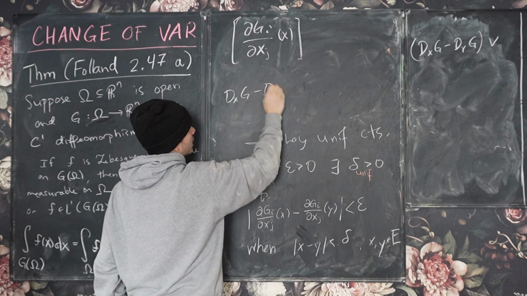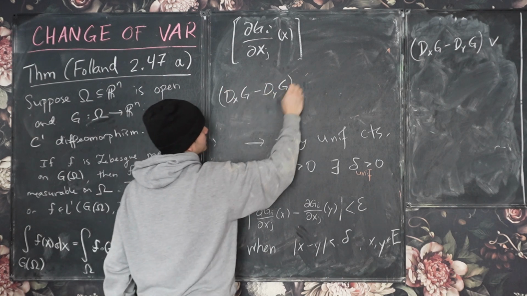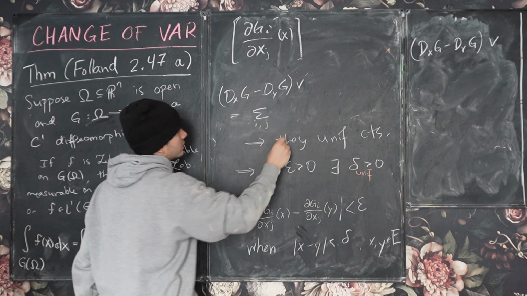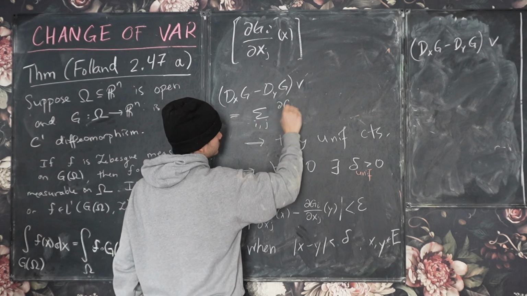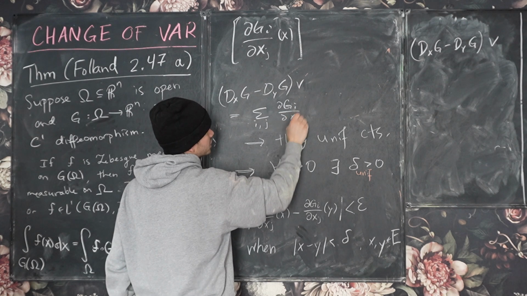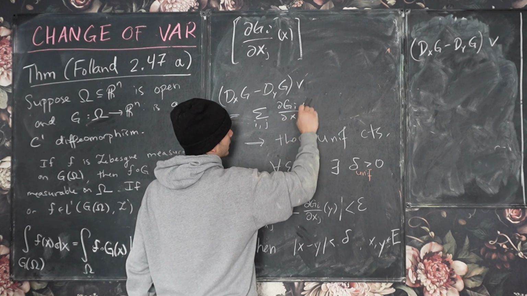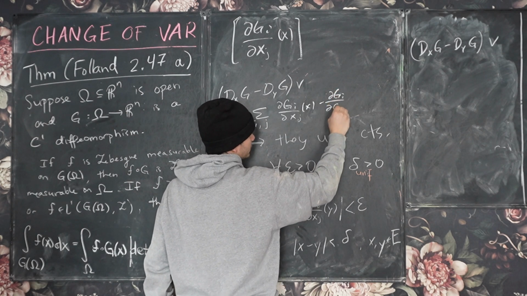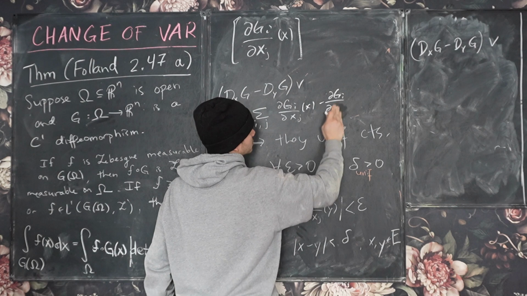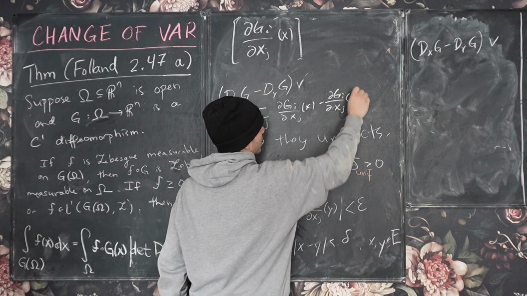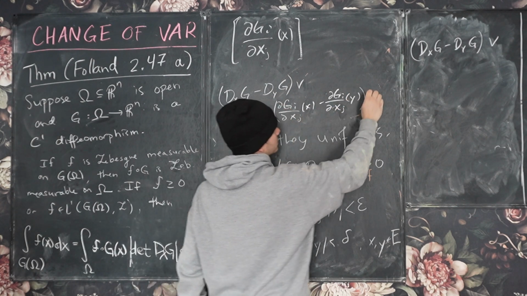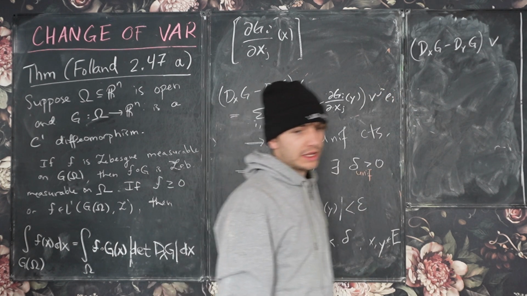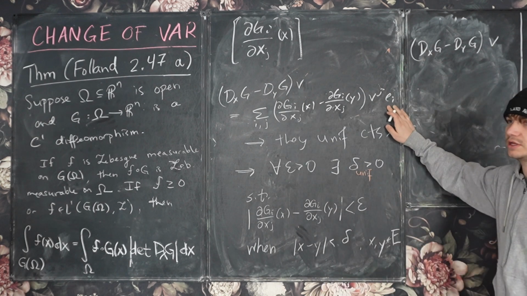Okay, so we have dxg minus dyg acting on a vector v, and this is going to be the sum over i and j of ∂Gi/∂xj at x minus ∂Gi/∂xj at y, times vj ei, where ei are my basis vectors in Rn.